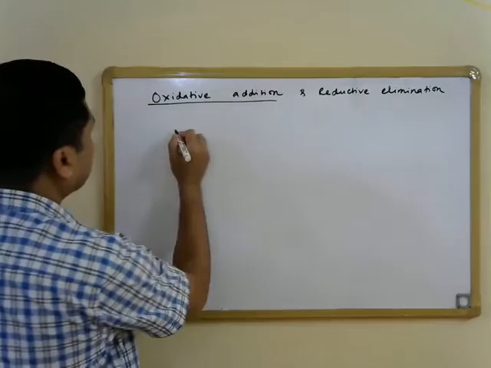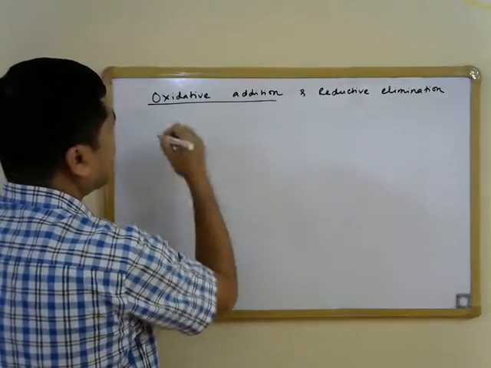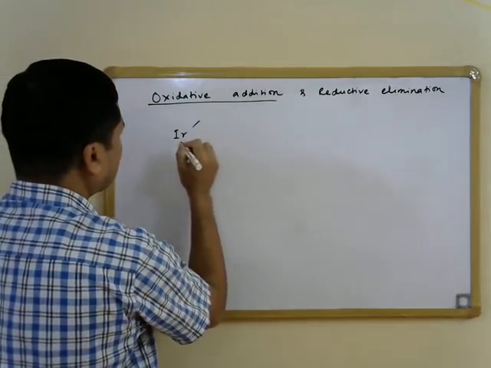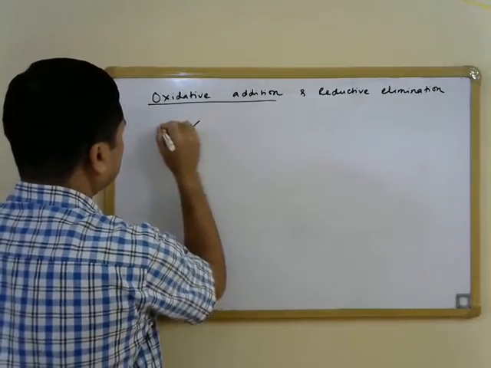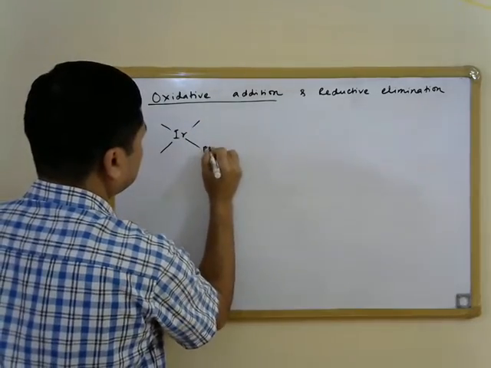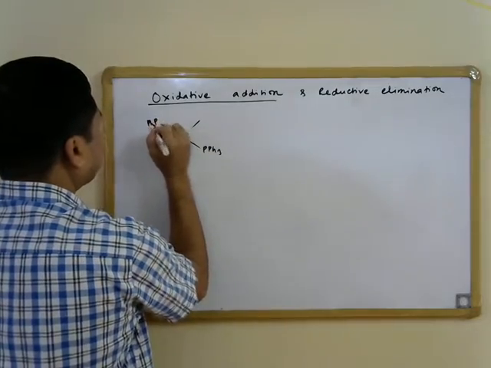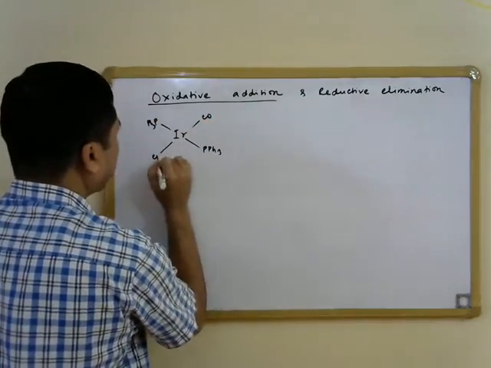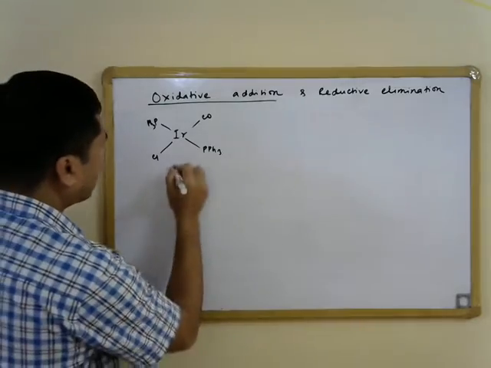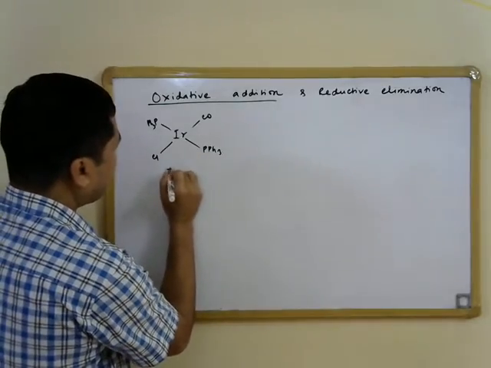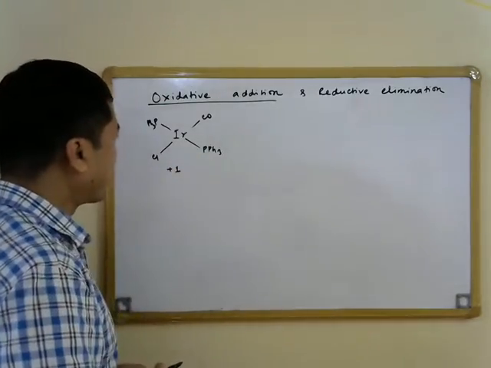So that is Vaska's complex, an iridium complex, where the iridium is in the +1 oxidation state.